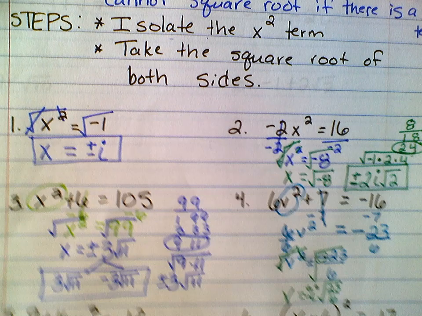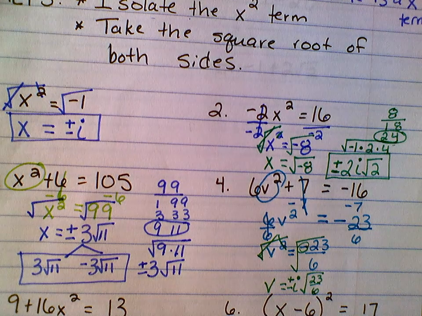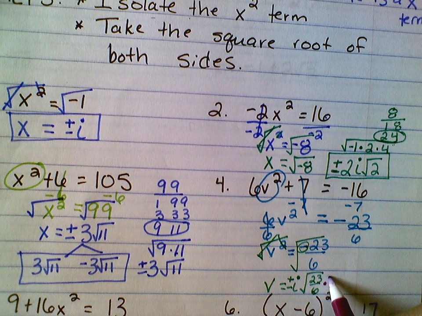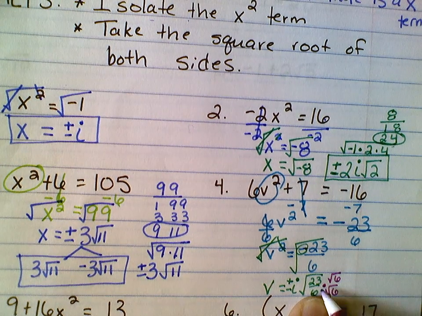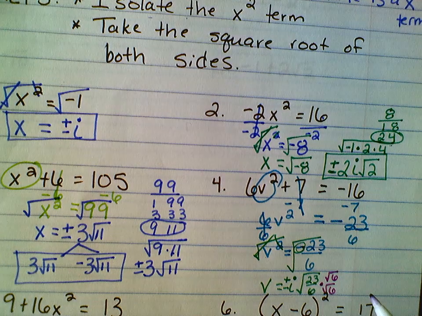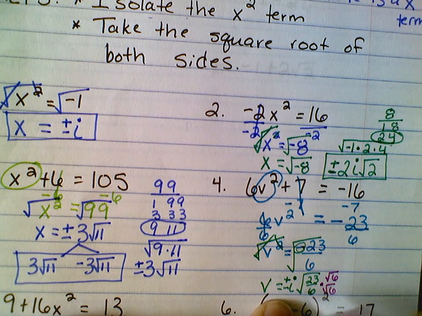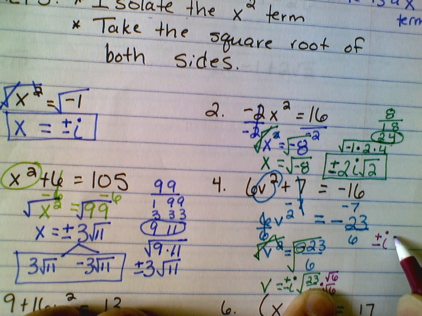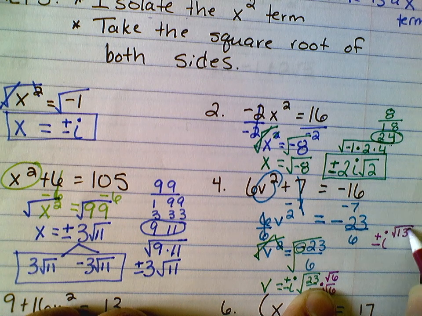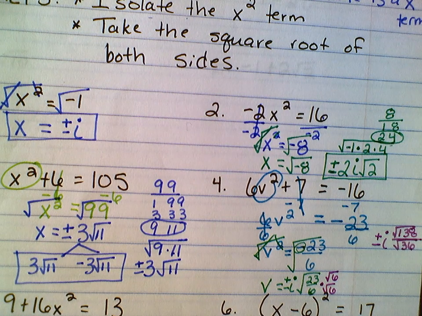But if you remember, we are not allowed to have a radical in the denominator. So I'm going to have to multiply the top and the bottom by the square root of 6. All right, so when we have 23 times 6, that gives us 138. So we have plus or minus i times the square root of 138 divided by the square root of 36.